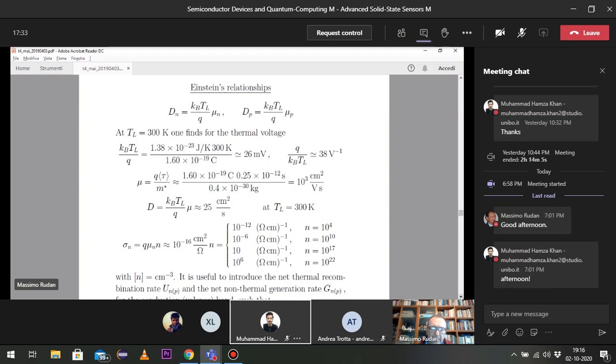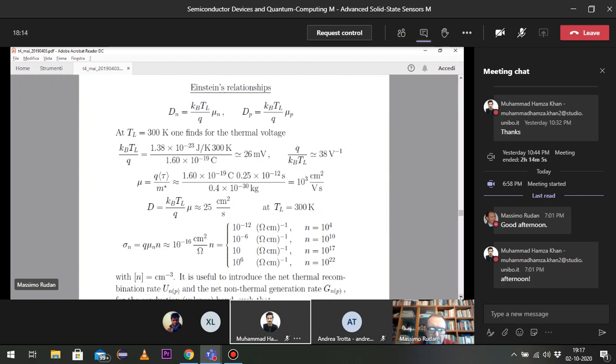And the effective mass is smaller than the free electron mass. So we take 0.4 times 10 to the minus 30 kilograms. Okay, the electron mass is about 0.9 times 10 to the minus 30th kilograms. Okay, so globally, if you put these numbers together, you find about 1,000 for the mobility in the standard units that are used in semiconductors, that is square centimeters divided by volts divided by second.